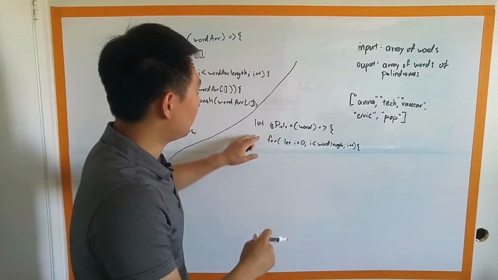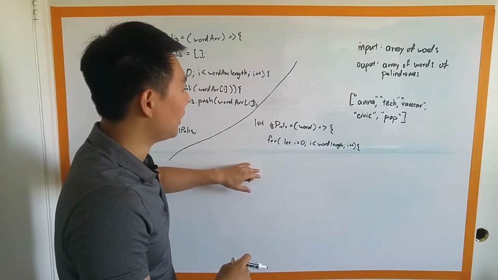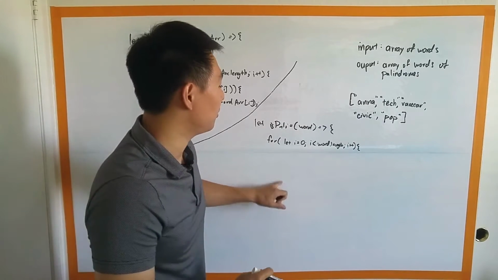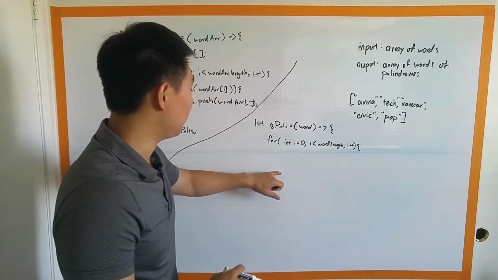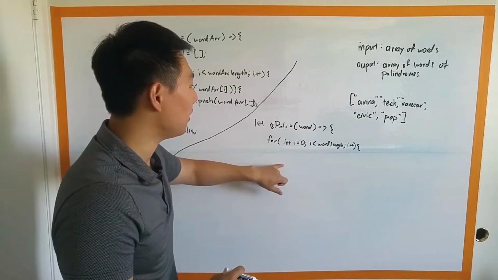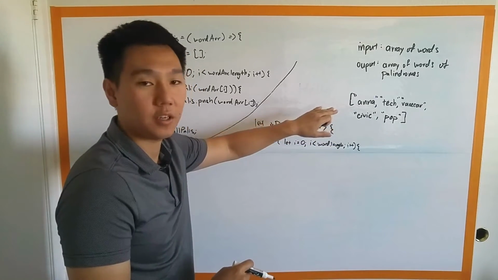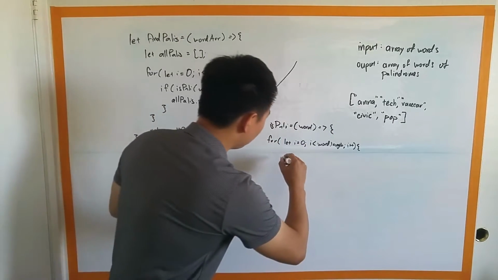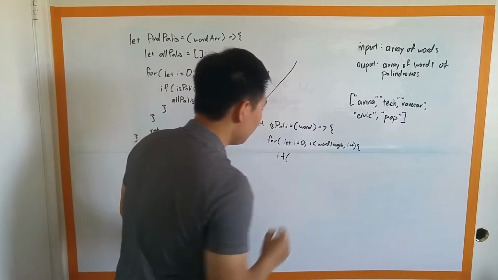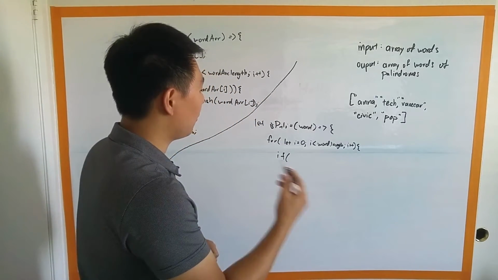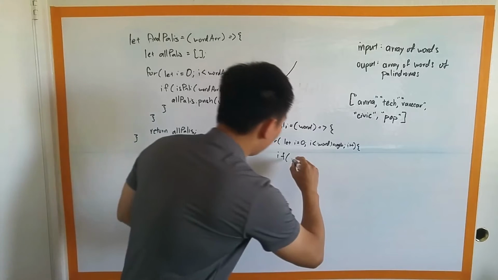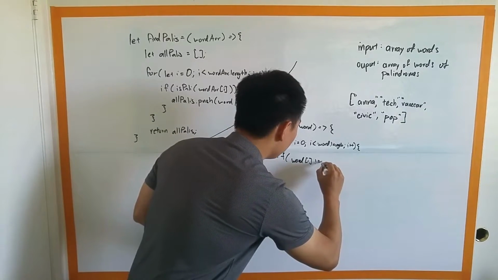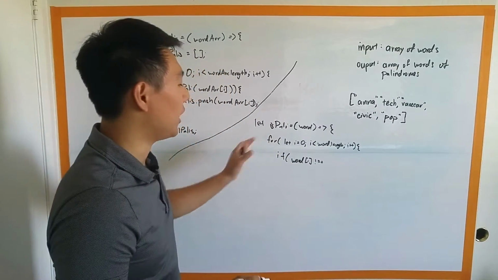Since we want to return true if it passes all of the comparisons, we'll return false instead if it doesn't meet the criteria, and then we'll be able to exit early. So if word of i, the current letter we're on, is not equal to something, we'll exit early.